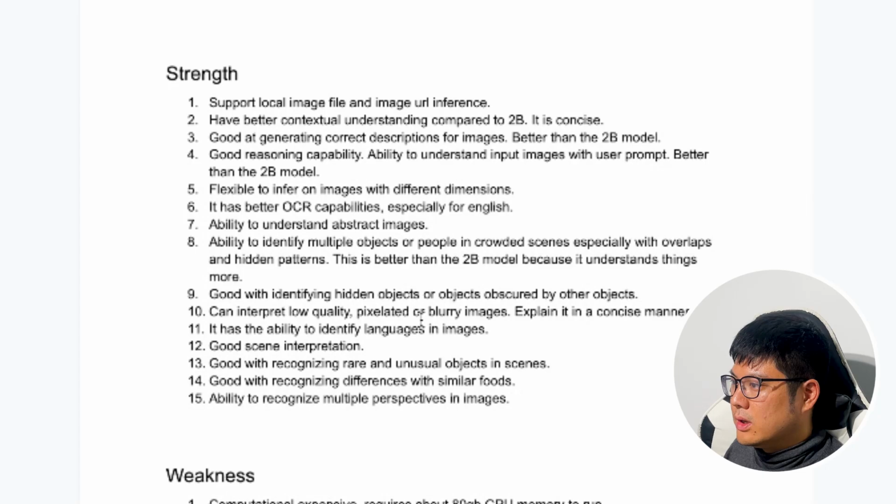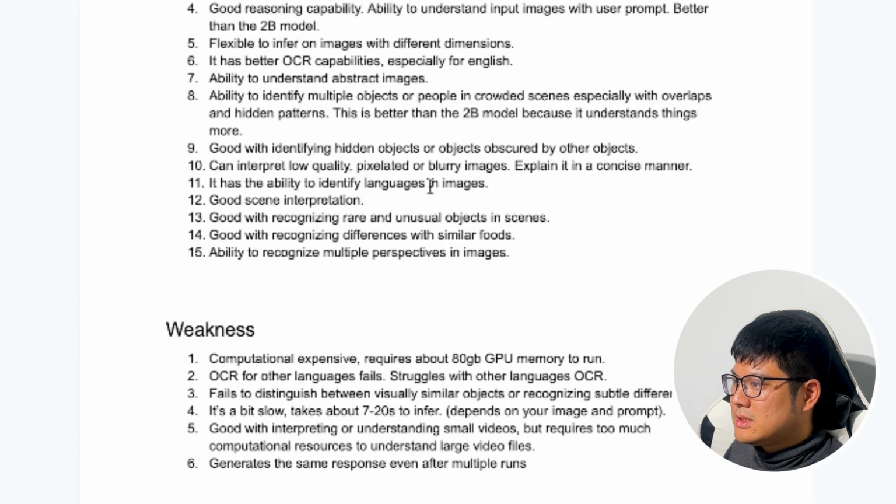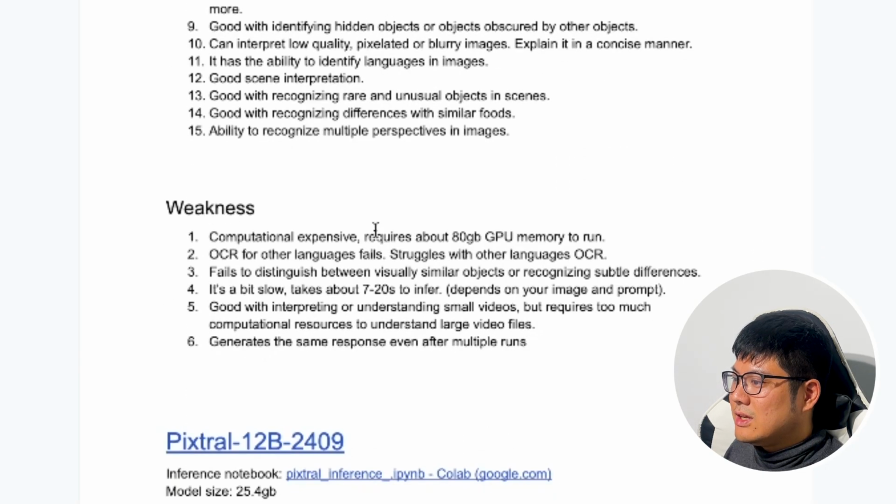Versus 7B has basically the same things here, but it needs even more computation, and it still struggles with multi-language, and it's still slow. So overall, I would say Qwen2 is a pretty good model. It's pretty good with OCR with English. It's pretty good with looking at real life images. It's really good at abstract images as well.